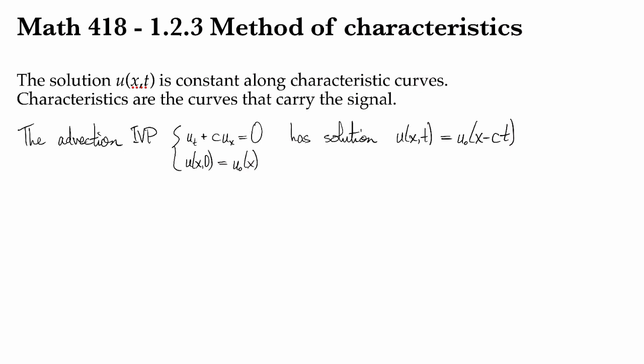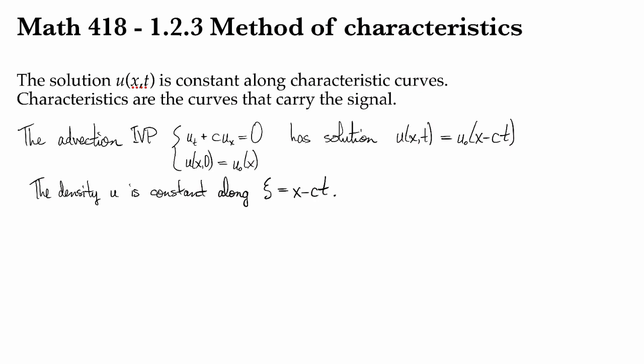So the idea then is that the solution here, the density u, is constant along ξ given by x minus ct.